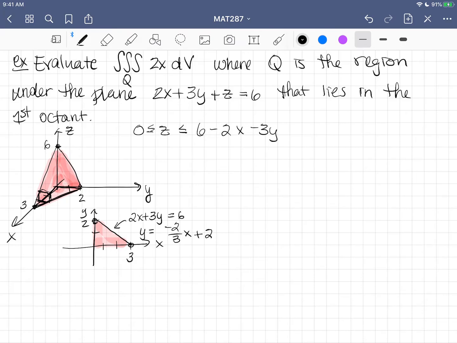So y goes from 0 to negative 2/3 x plus 2. And finally, x goes from 0 to 3.